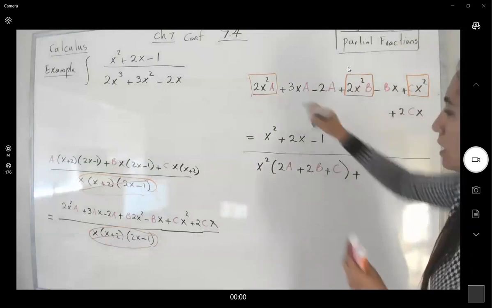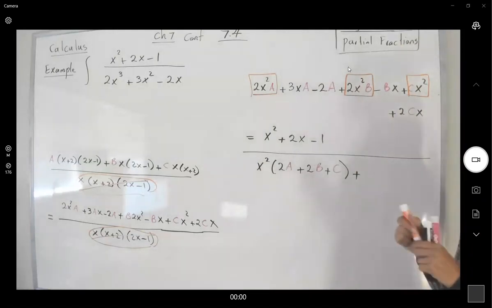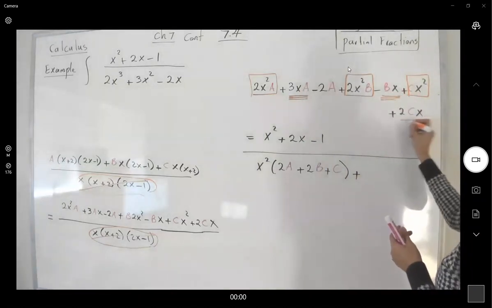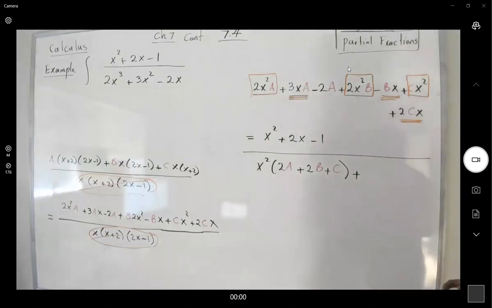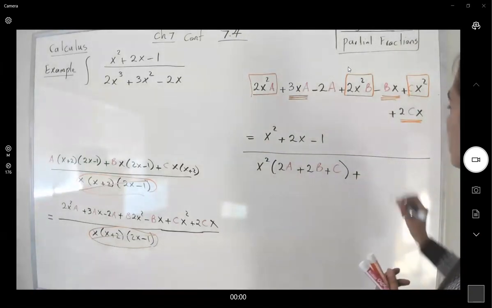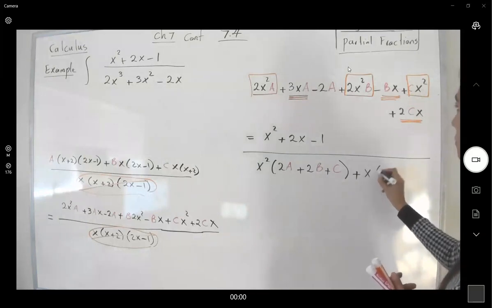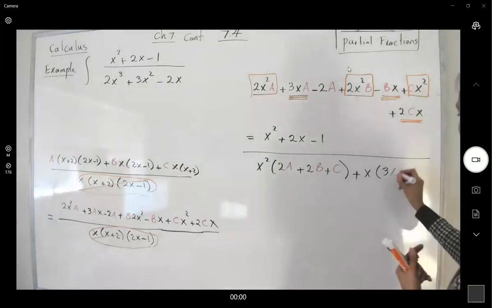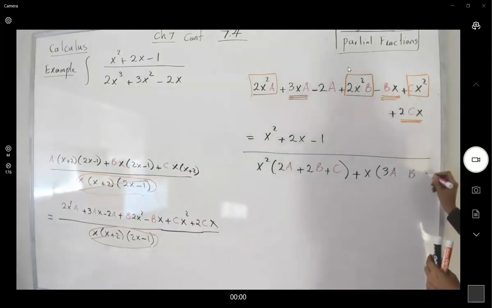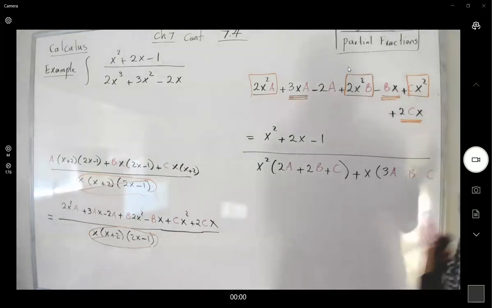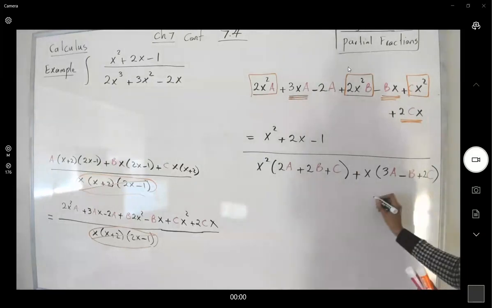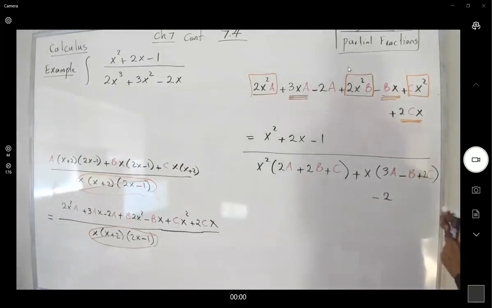Then let us take a look at our linear terms. This term here and also this term. If we factor out x, we get 3a minus b plus 2c. And finally, we have a constant, which is negative 2a.